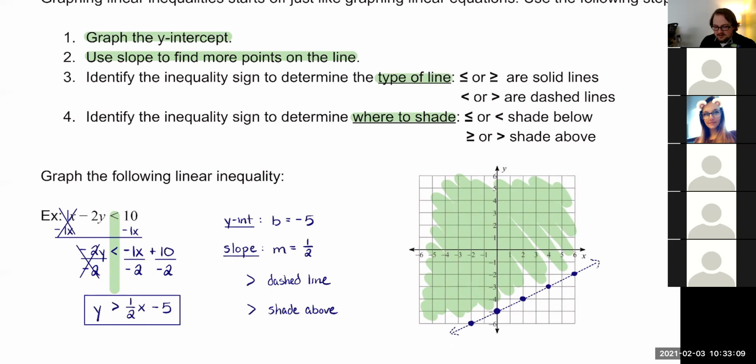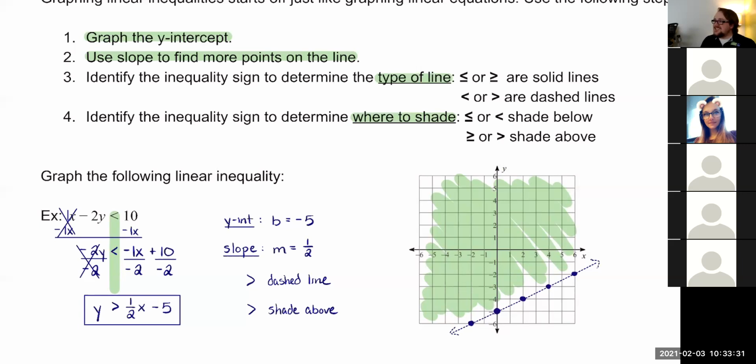And I walked around and I said, we'll call the student Johnny. I said, Johnny, when you were rewriting it in slope-intercept form, did you divide by a negative? He said, yeah. I said, what does dividing by a negative do? He stared at me and said, it flips the sign. Here's what that meant for poor Johnny.